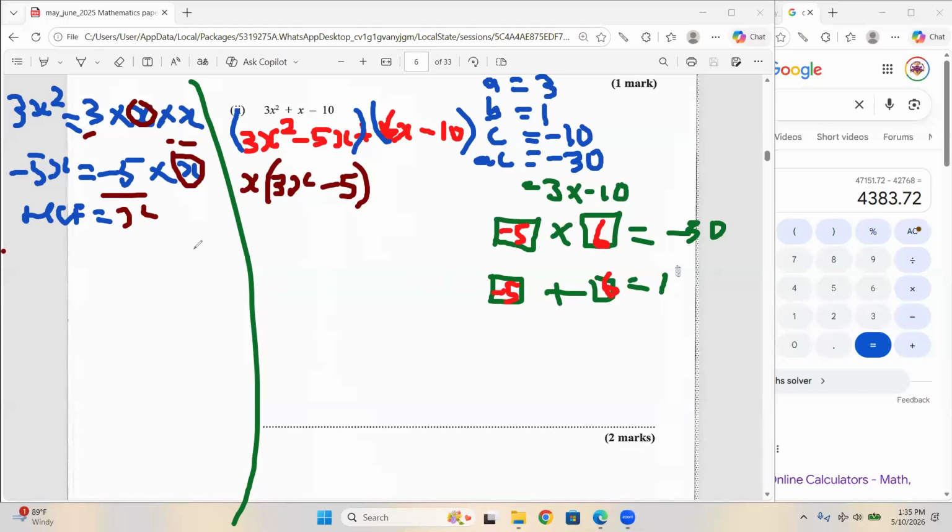The next bracket is, we have 6x and we also have negative 10. This could be written as, well, it's an even number. So 10 and 6 will have at least 2 in common. So I could have written it as 6 by x, but then these two would end up with nothing in common.